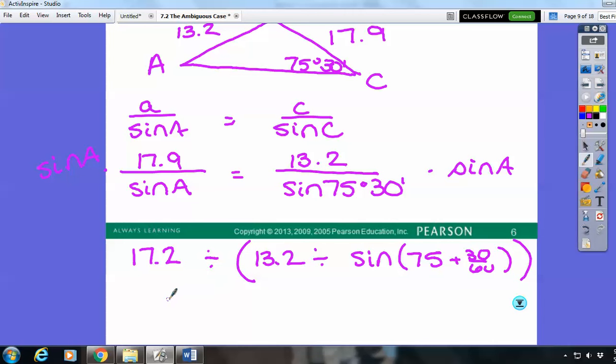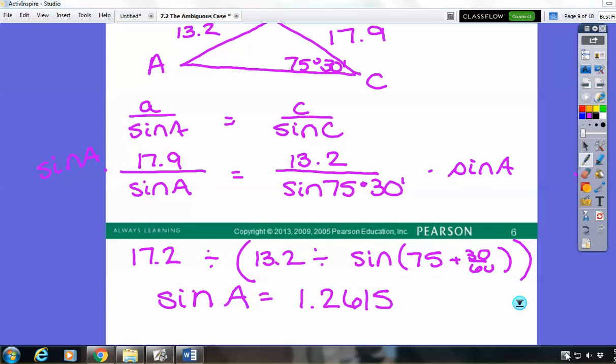So this tells me that sine A equals, what did you guys get? .2615? Did you guys get that? I wrote down 17.2 instead of 17.9.